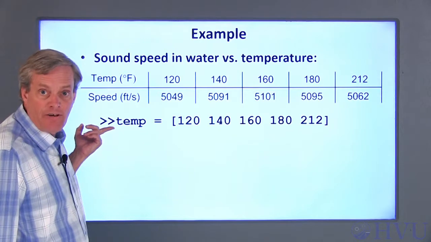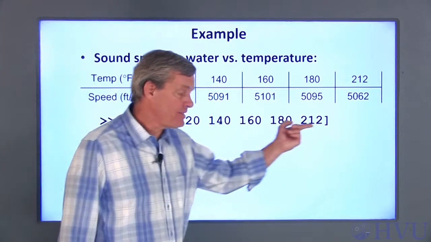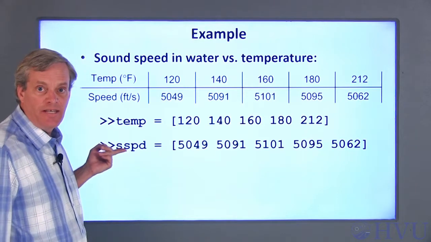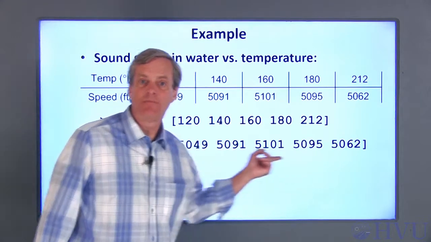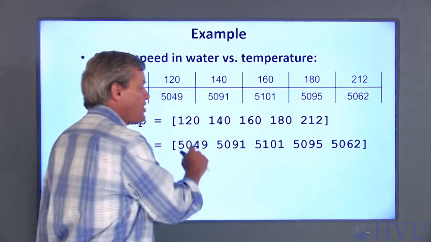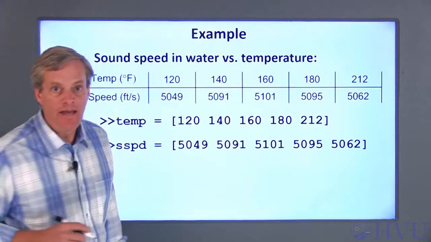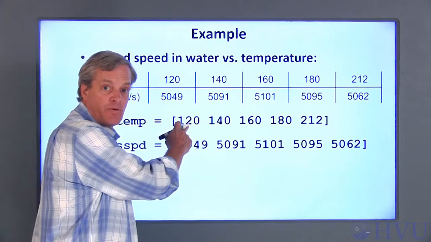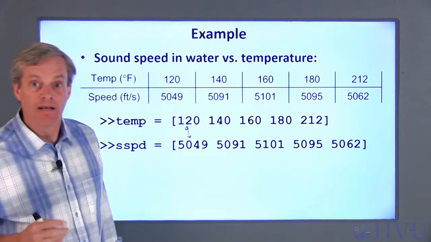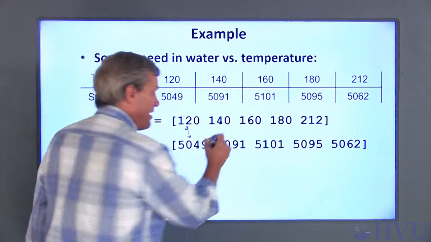So I created an array named temp, which contains all the temperature values, and another array, SSPD, which contains the sound speed data. Notice that I maintain the same order of numbers in each of these arrays so that the first element of the temp array corresponds to the sound speed provided in the first element of the SSPD array.